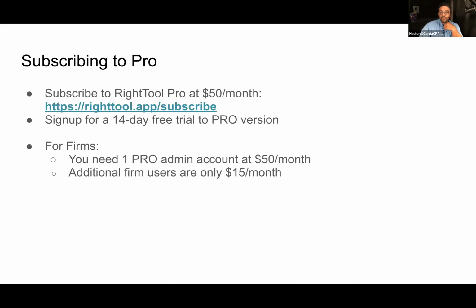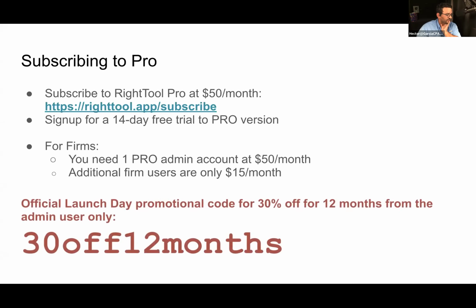If you work for one of the big top 100 firms, Deloitte, KPMG, whatever, we're open to negotiating an enterprise rate if you can bring hundreds and hundreds of users. Of course, we're going to say yes to something like that. But for the time being, for the average small business firms that we approach, it's going to be $15 a month for additional users.